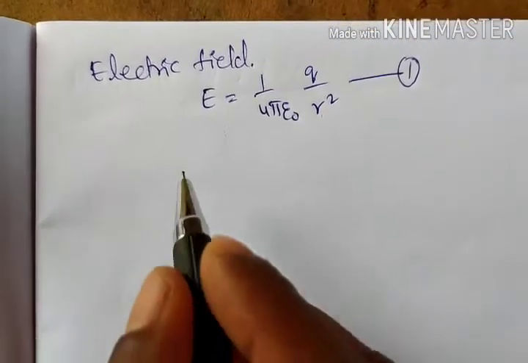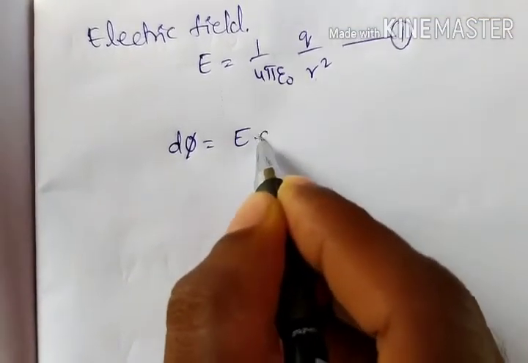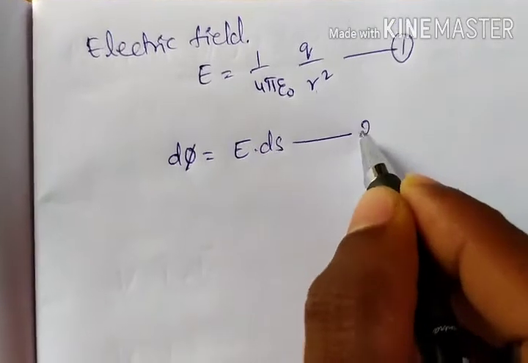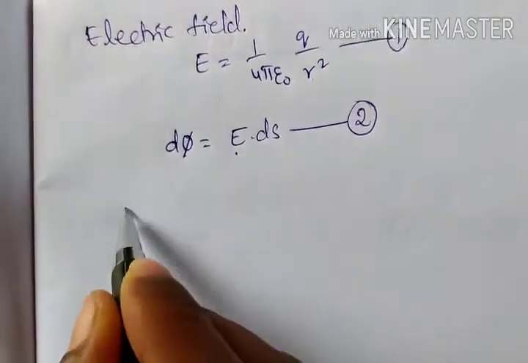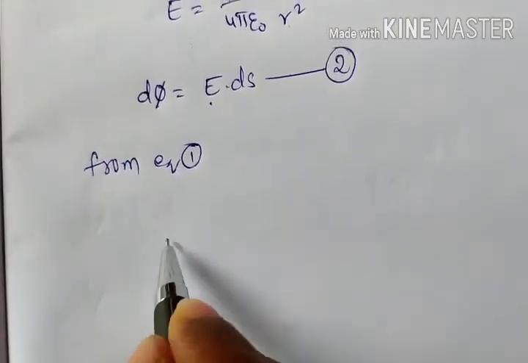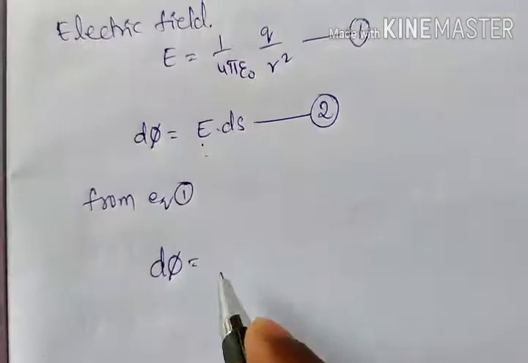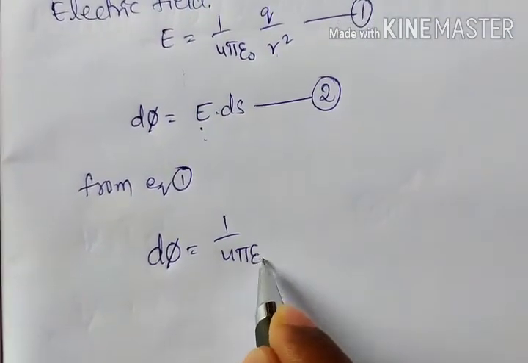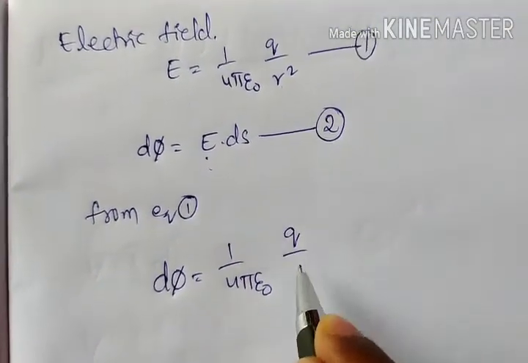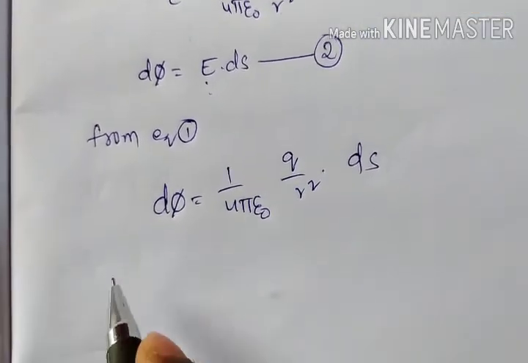And just now we derived the changing flux d phi is equal to E ds, equation 2. From equation 1, d phi is equal to 1 by 4 pi epsilon naught q by r square into ds. This is the changing flux.